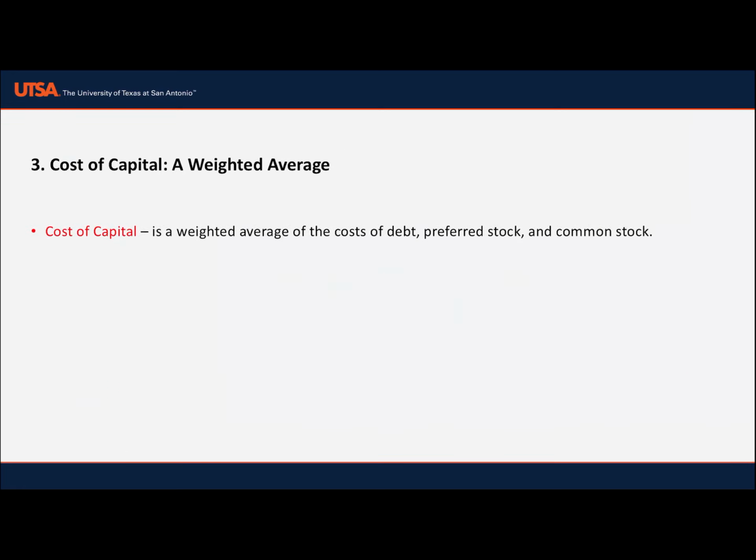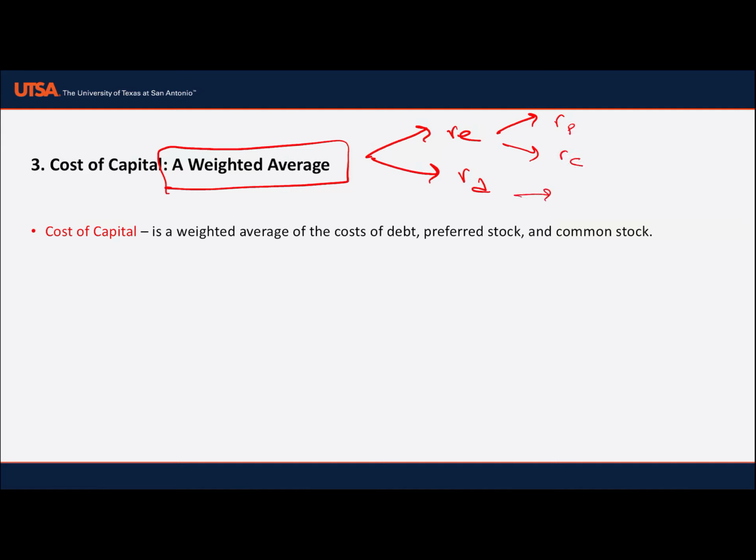So how can we find a weighted average of return on equity and debt? The cost of equity can be divided into two parts: preferred stock and common stock, and then you have cost of debt.